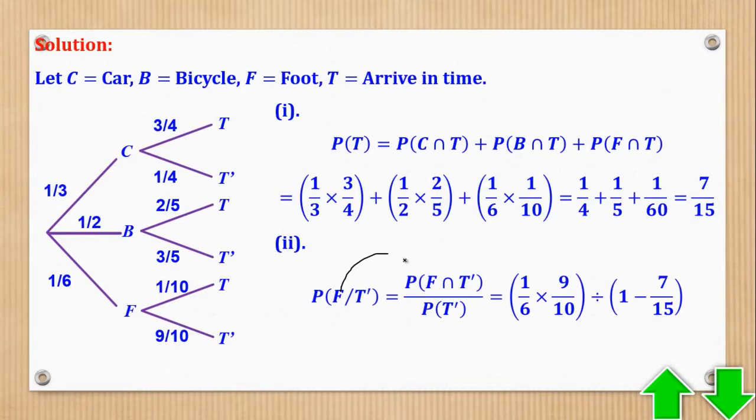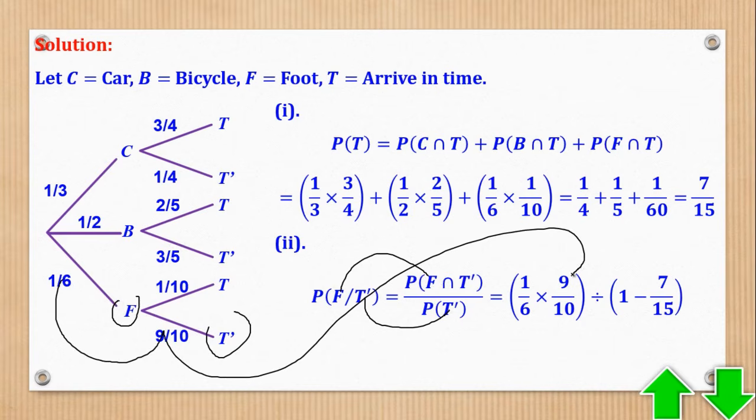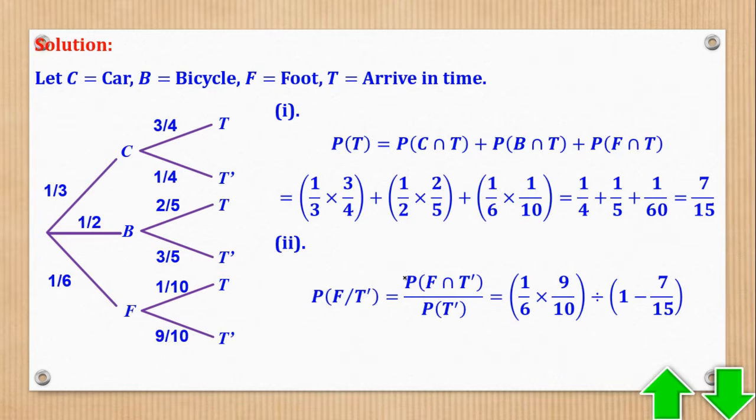The numerator is the intersection, the denominator is what has already occurred. There is this F and this T complement, therefore this times this gives you the numerator. Then you already saw the probability of T, therefore T complement will be 1 minus that. Simplifying gives you 9/32, which they wanted.